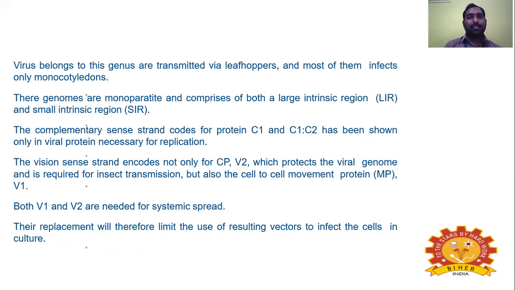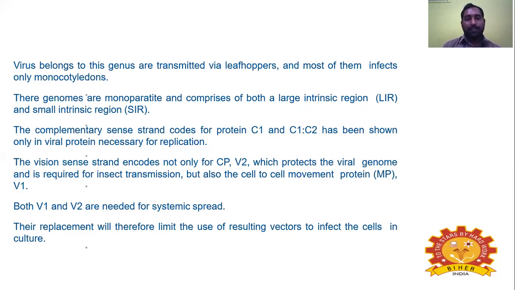So this virus belongs to the genus Mastrevirus, is transmitted via leafhoppers, and most of them infect only monocotyledons. The genomes are monopartite and comprise a large intergenic region and a small intergenic region. The complementary sense strand codes for proteins C1 and C2, which are synthesized only when necessary for replication. And the viral strand codes not only for CP and V2 but also for other genes needed for transmission and cell movement, that is MP and V1.